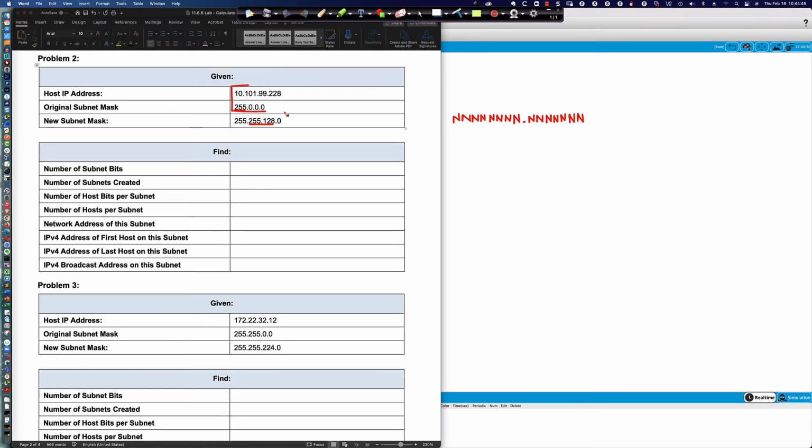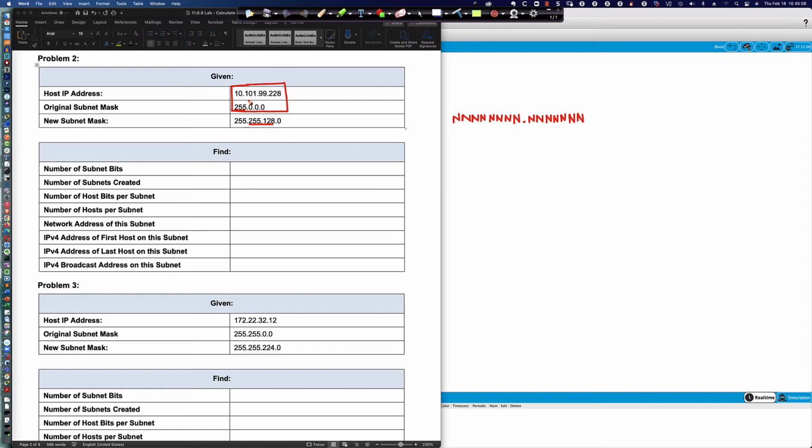This right here is a single network. That is one network right there. 10.0.0.0 would be the network ID. 10.255.255.255 would be my broadcast address. And I'd have 16.7 million host IPs inside that range.